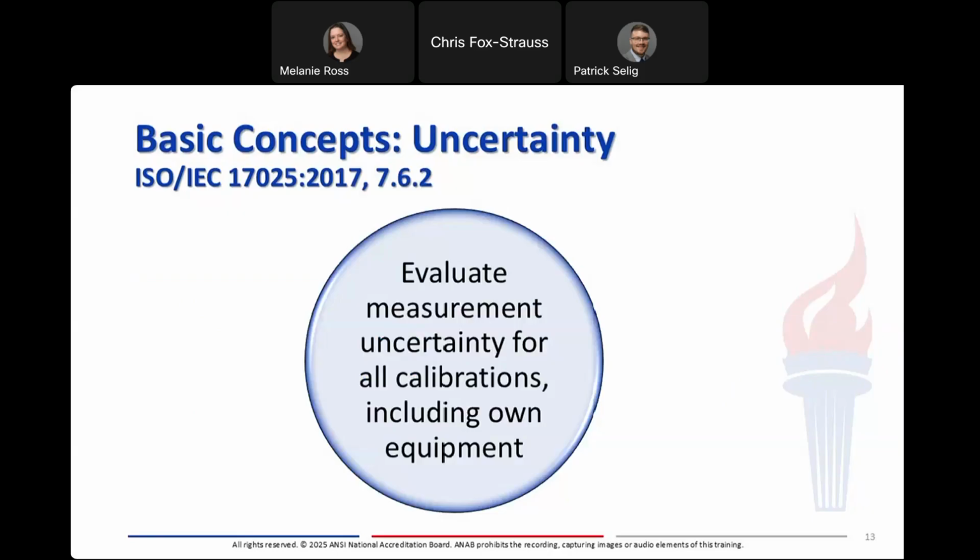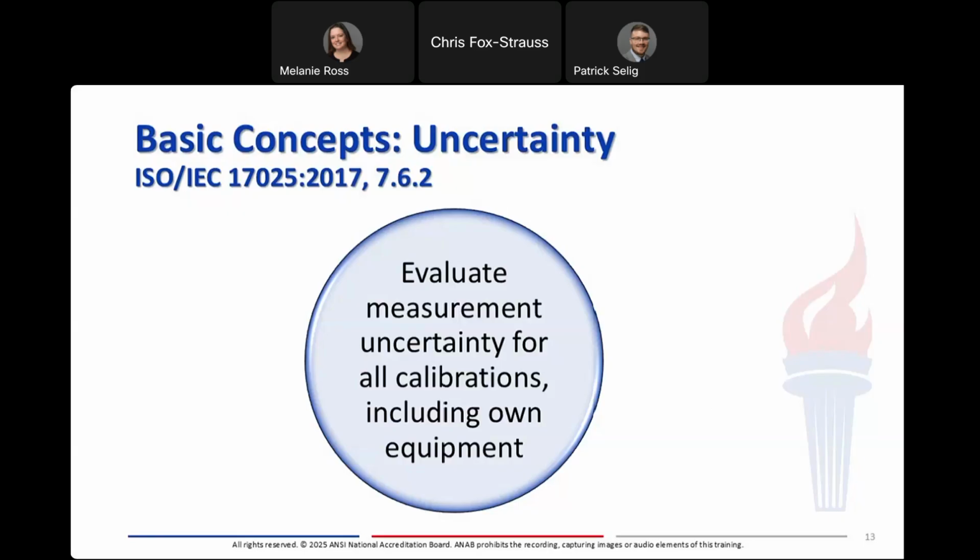Then, in 7.6.2, the standard requires an evaluation of measurement uncertainty for all calibrations, including those of your own equipment. When outsourcing calibrations to an accredited calibration service provider, the service provider evaluates measurement uncertainty for the calibrations of the equipment in the laboratory.